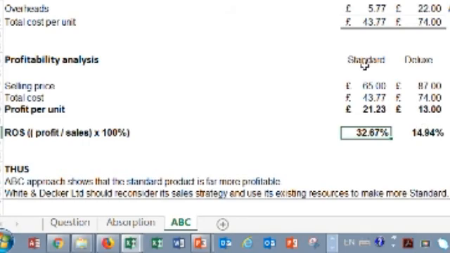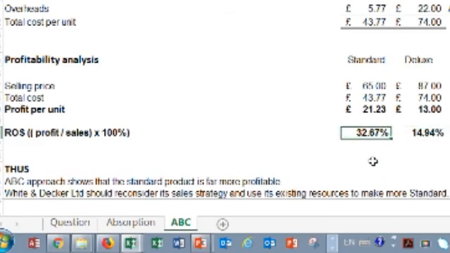So you were ready to produce equal quantity of both. But here this is giving you almost double the profit in terms of return on sales as compared to deluxe.